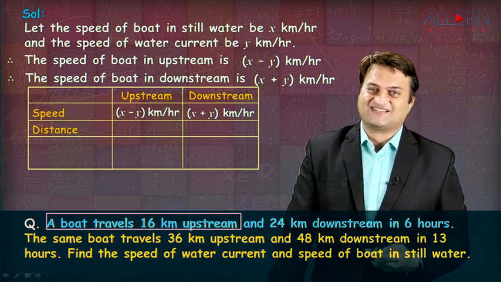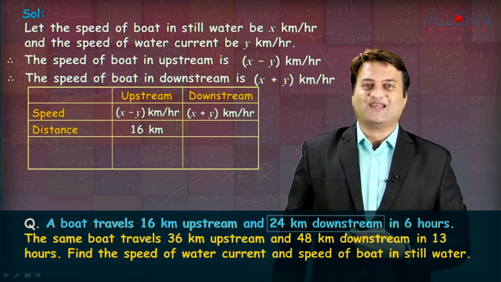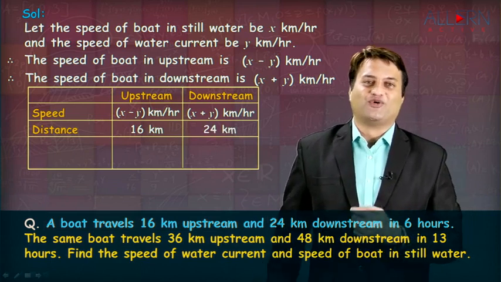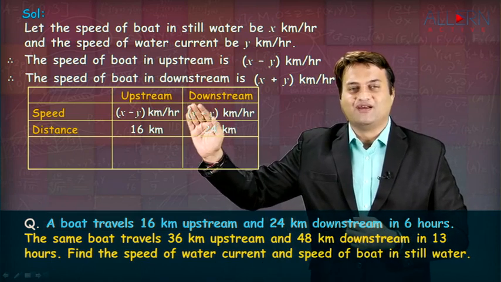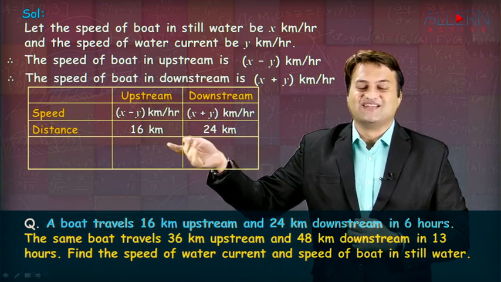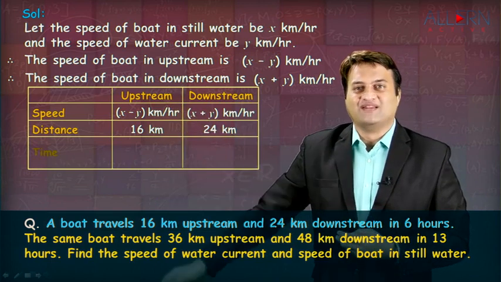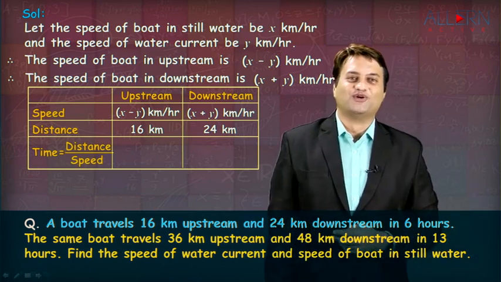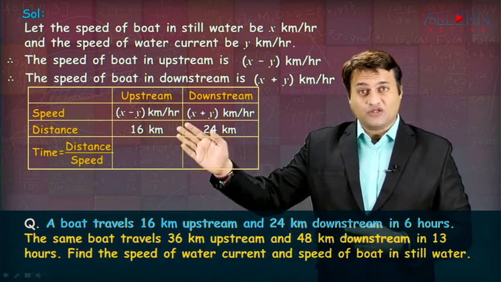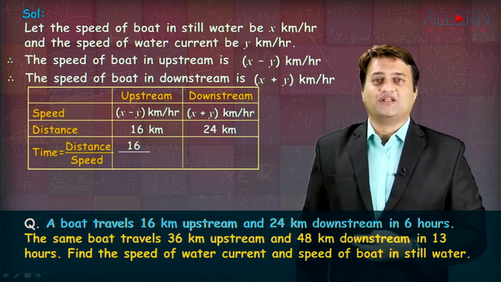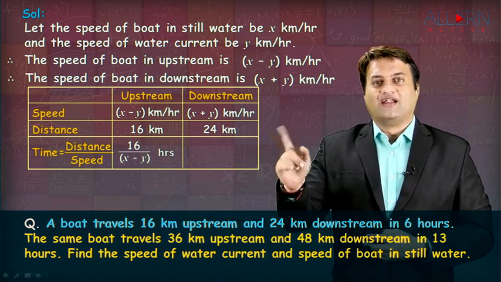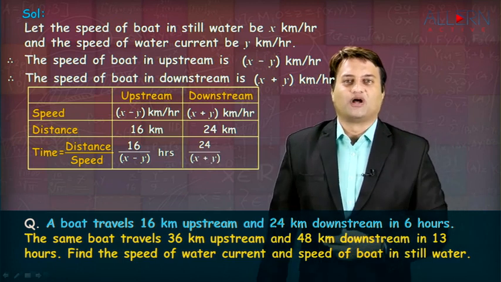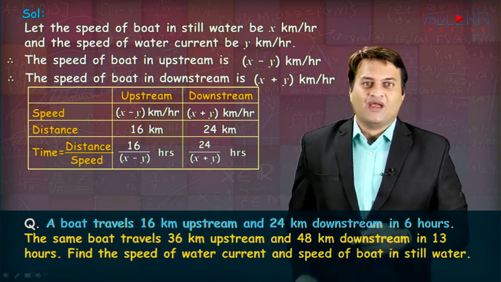Kilometers, distance. So distance upstream is 16 kilometers, distance downstream is 24 kilometers. Speed we assumed, distance is already given, so what remains is time. So how do we find the time? The formula: time is equal to distance upon speed. So time upstream will be 16 upon x minus y hours and time downstream will be 24 upon x plus y hours.